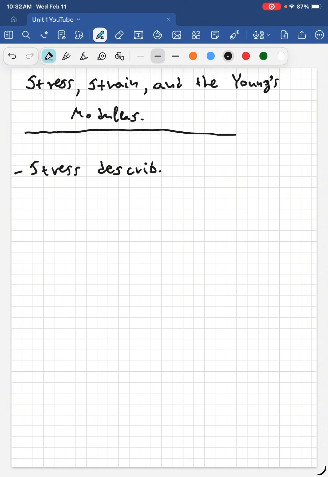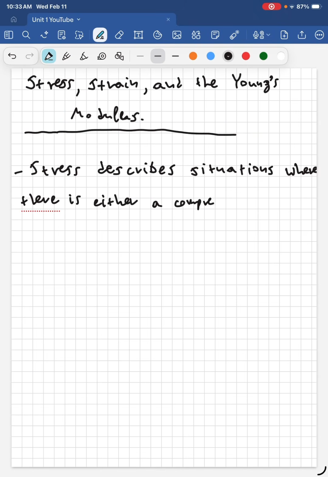So stress describes situations where there is either a compressive or a tensile force exerted on a 2D material.